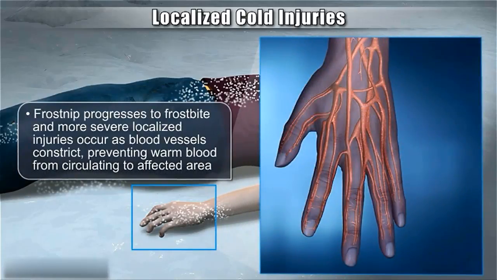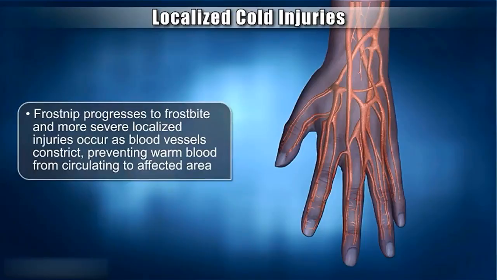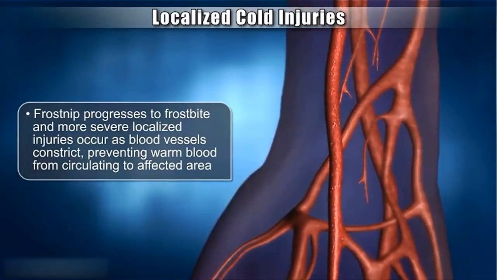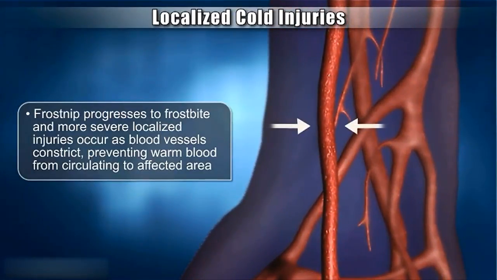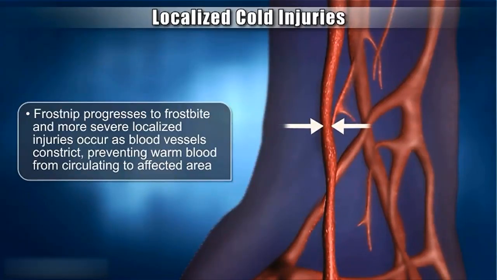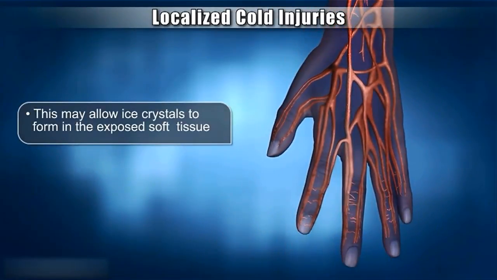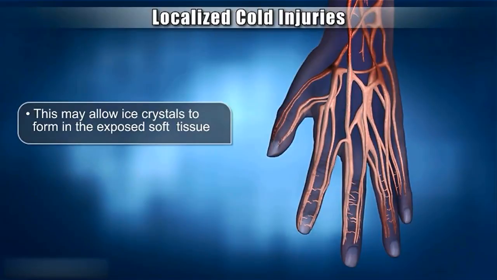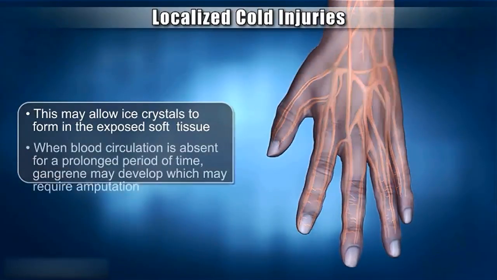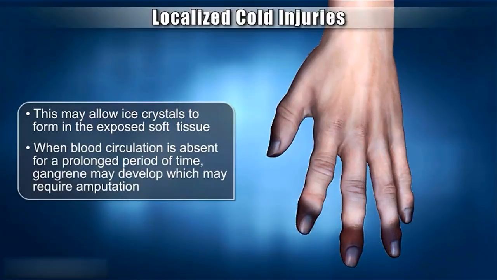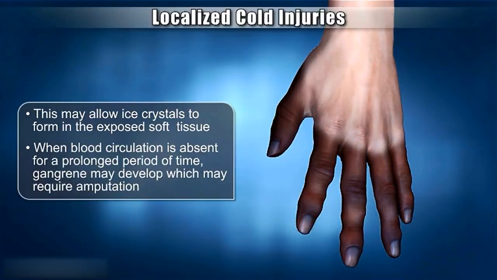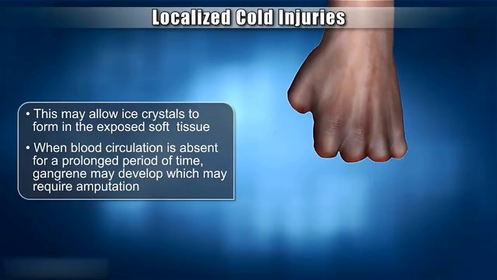The frostnip progresses to frostbite, and more severe localized injuries occur as blood vessels constrict, preventing warm blood from circulating to the affected area. This may in turn allow ice crystals to form in the exposed soft tissue. When blood circulation is absent for a prolonged period of time, gangrene may develop, which may require amputation.